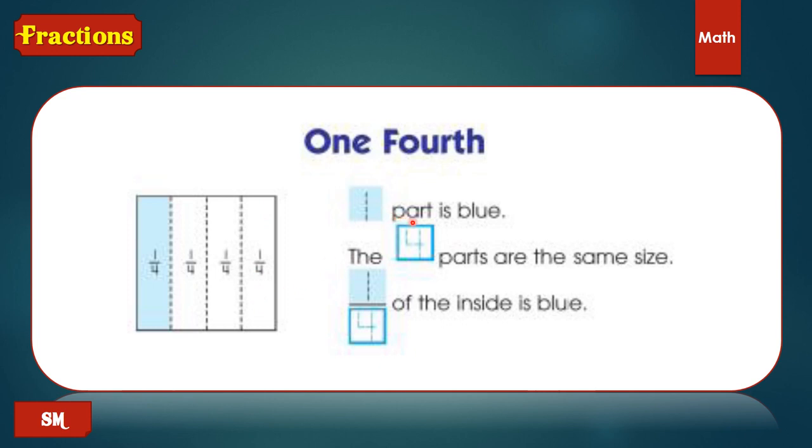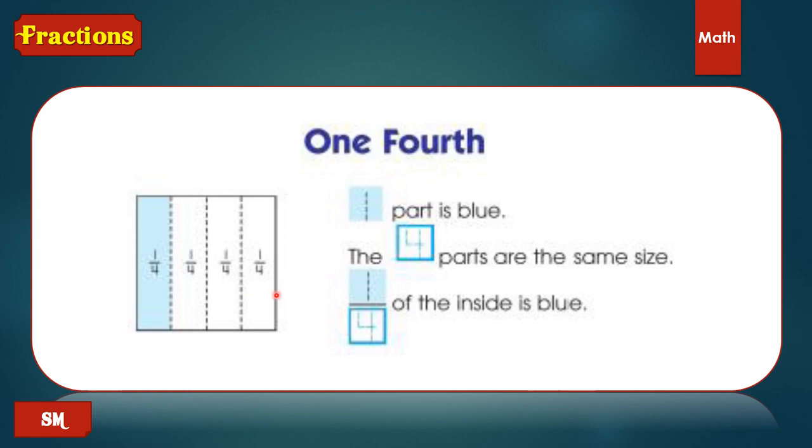So he asked here, how many parts are blue? Just 1 part. So he wrote here 1. And how many same size parts? He wrote 4. The 4 parts are the same size. Excellent. Now, how many of the inside is blue?